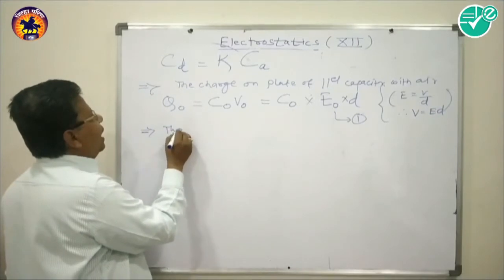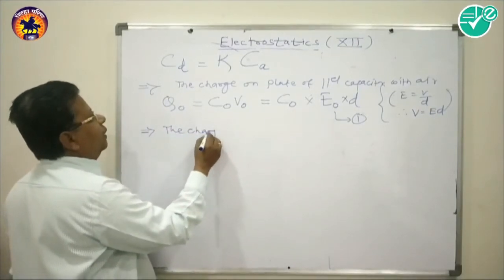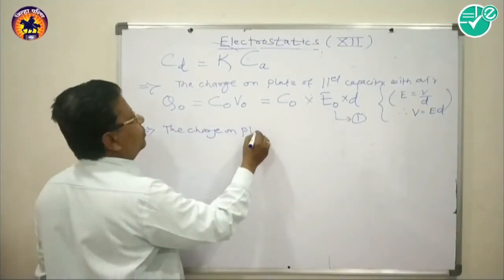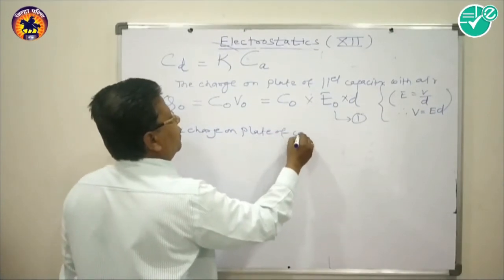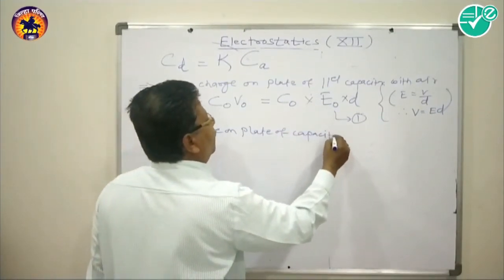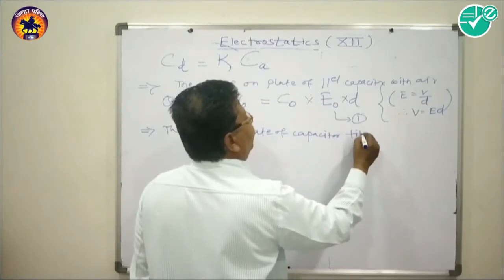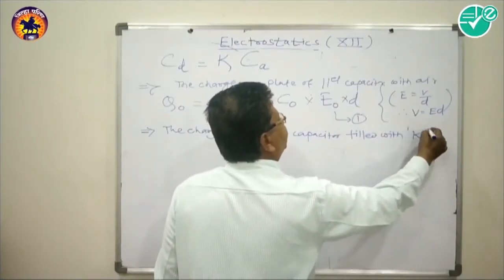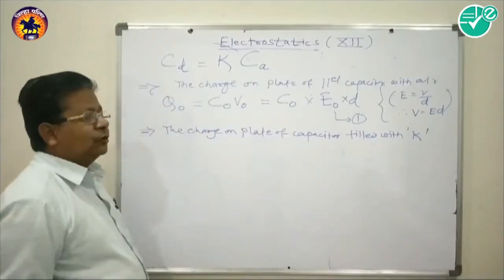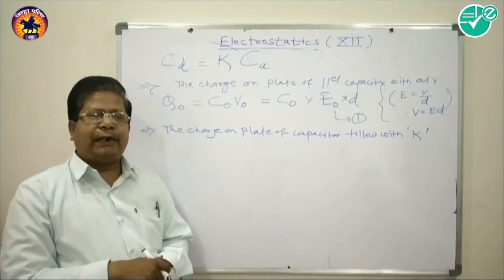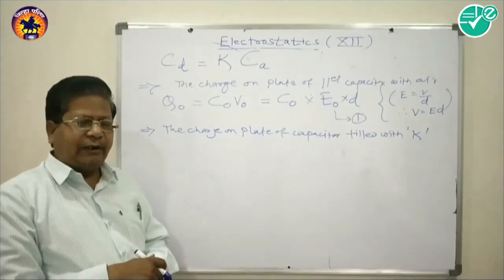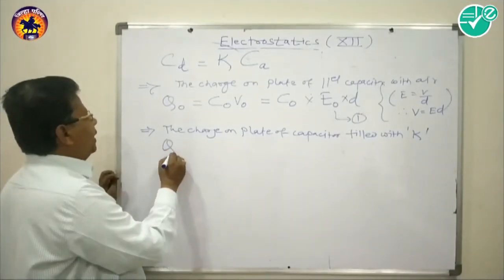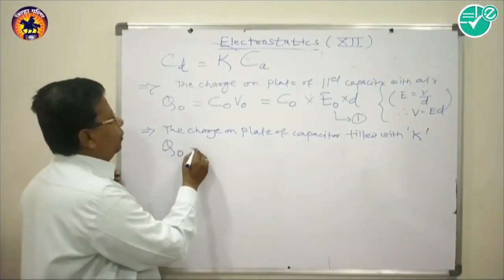Secondly, the charge on plates of the capacitor when filled with dielectric. If the space between the parallel plate capacitor is filled with dielectric, then the charge will remain the same, which is Q0.